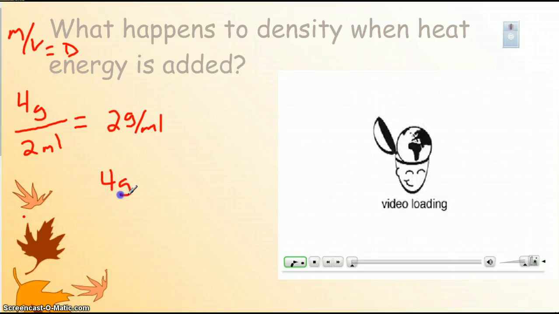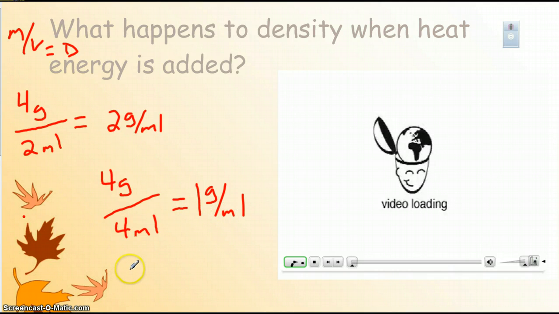Let's say we still have 4 grams, but our volume is now increased to 4 milliliters. It's taking up more space. So now our density is 1 gram per milliliter. Our density is decreased.